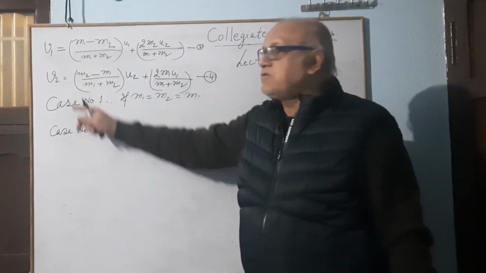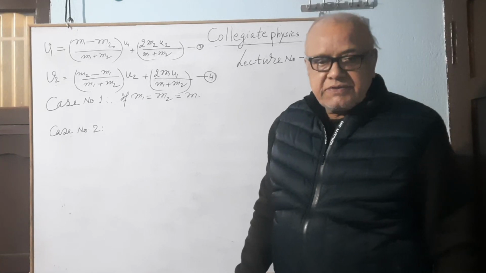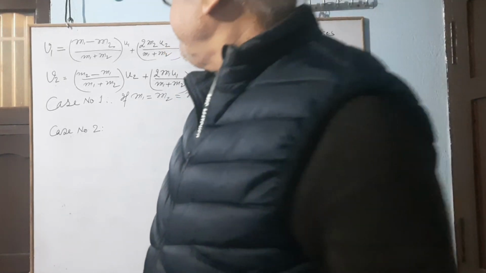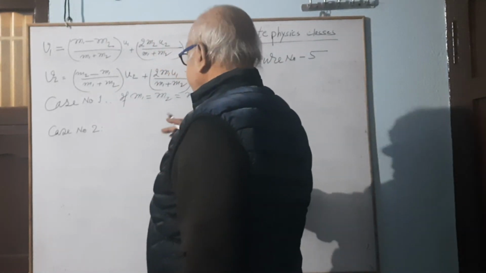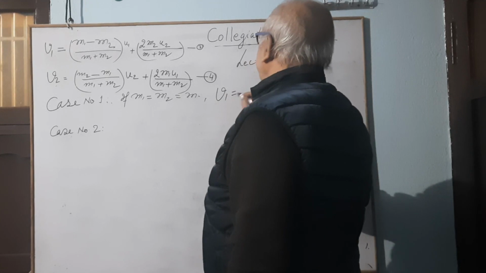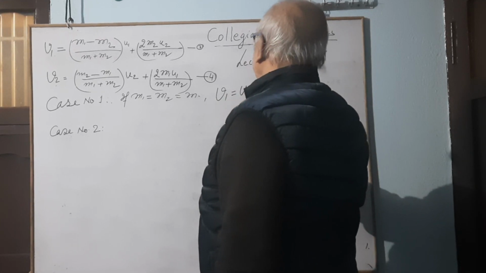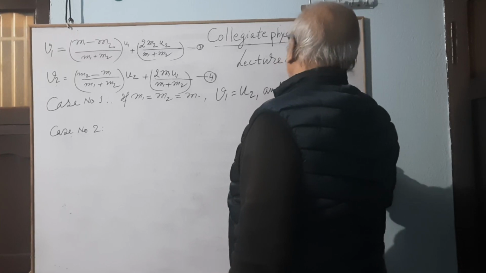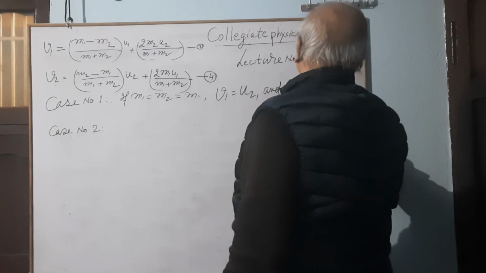So v1 and v2 will be calculated. Its interpretation is that v1 is equal to u2 and v2 is equal to u1.